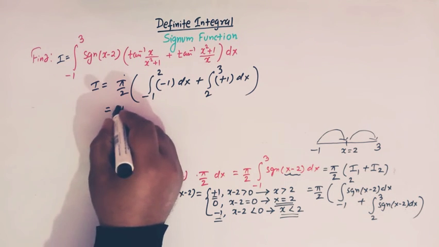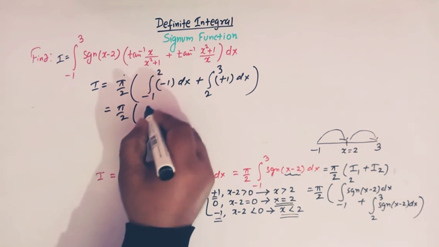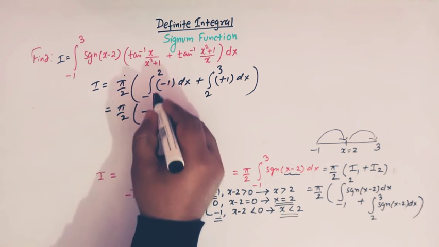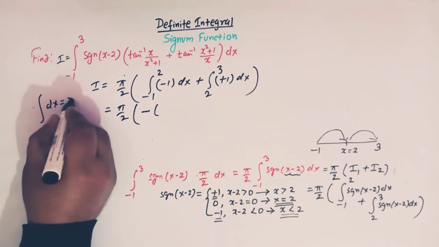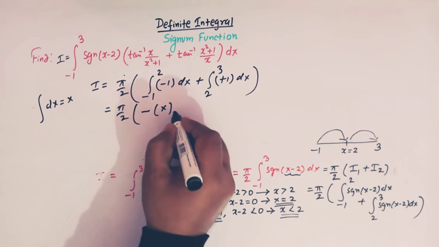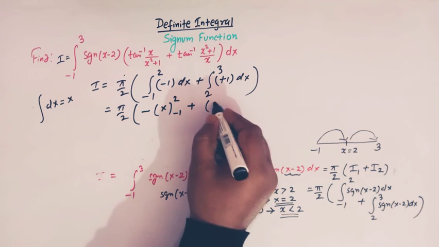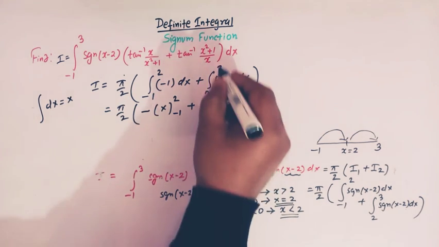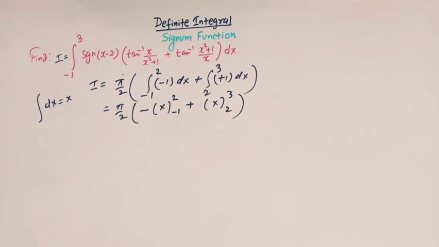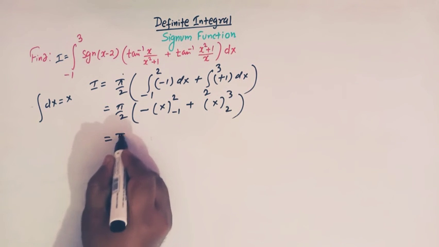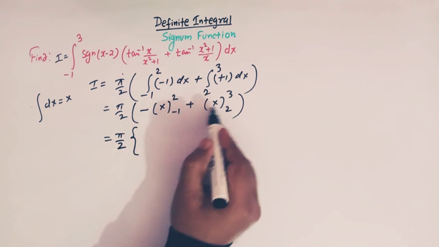So now we have two simple integrals. This is pi over 2, and this is -1, and the integral of dx is x. So here we have x from -1 to 2, and here we have x with limits from 2 to 3. Now we can simply find these two expressions.